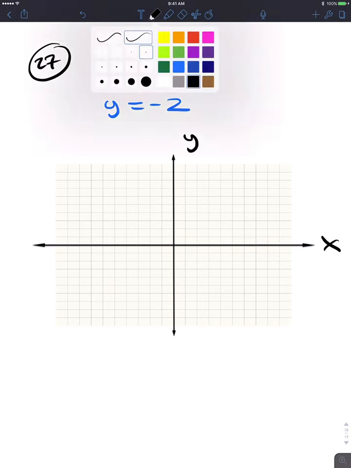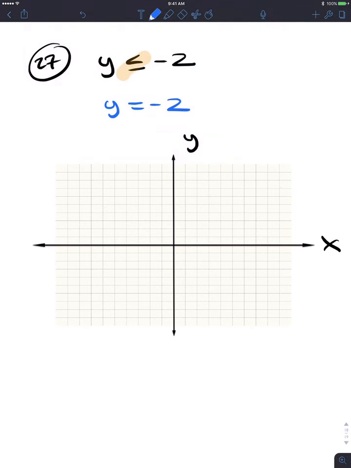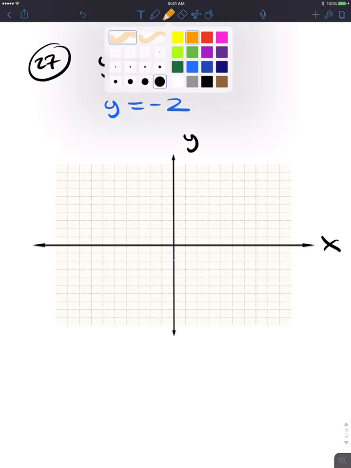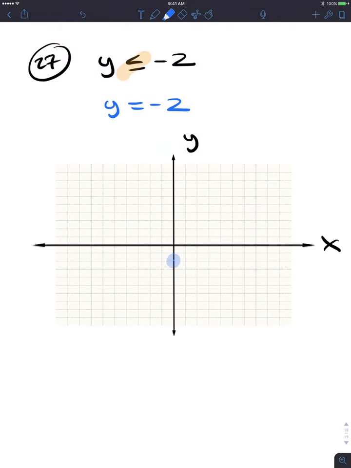Now, -2 on the y-axis is down 2 units. It is right here. X is arbitrary, but y has to be a constant, -2. So we're going to have a solid line here through -2.